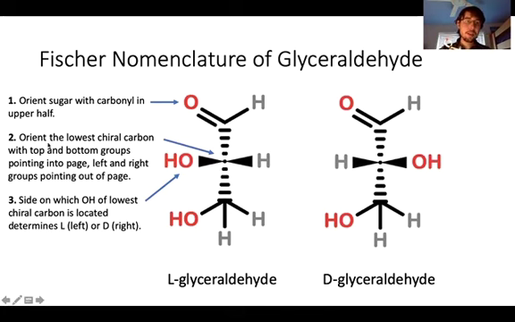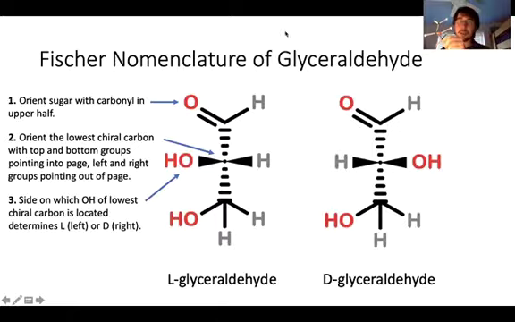The second step is to orient the chiral carbon atom such that the groups that are pointing up and down are going away from you into the page, and the ones that are pointing left and right are coming out toward you. These are shown by the dotted lines and the solid triangular lines, respectively. The third step is to look at which side the hydroxyl group is on. If it's on the left, then it's the L configuration, and if it's on the right, then it's the D configuration.